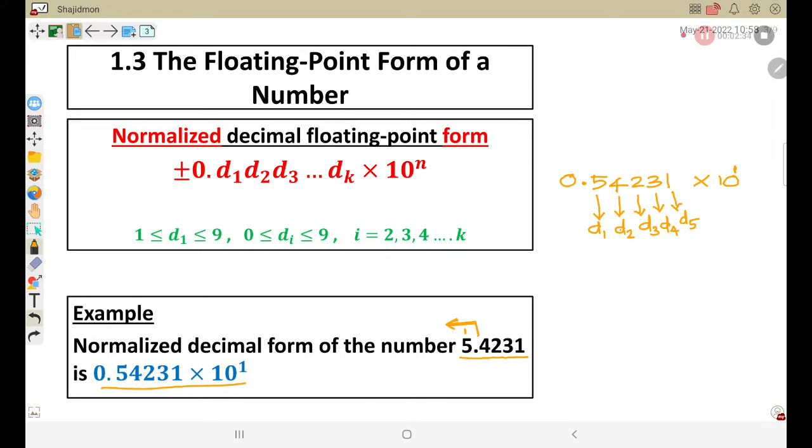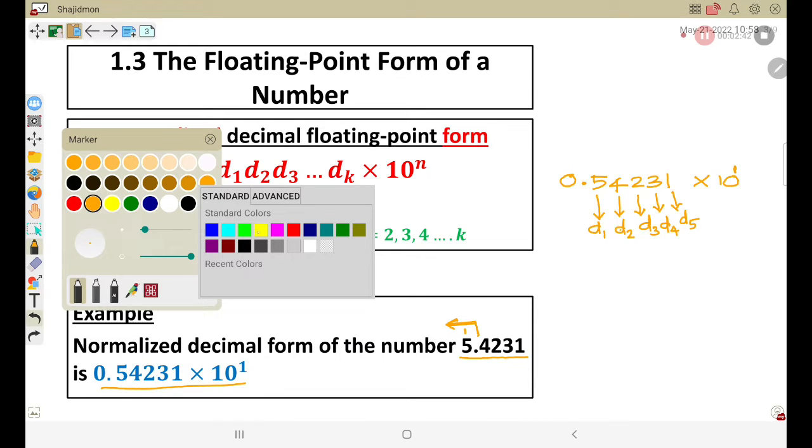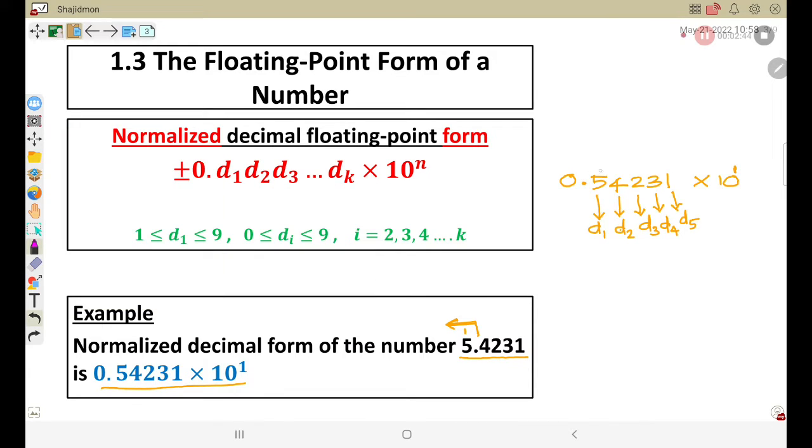When we are writing the normalized decimal floating point form of a number, what we need to take care of is that the first digit, d1, should never be 0. It must be from 1 to 9: 1 less than or equal to d1 less than or equal to 9.